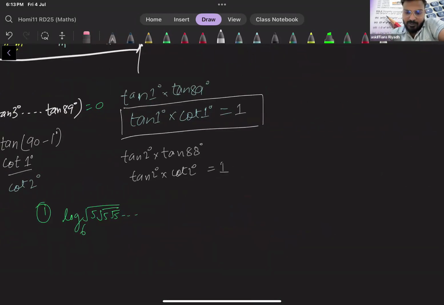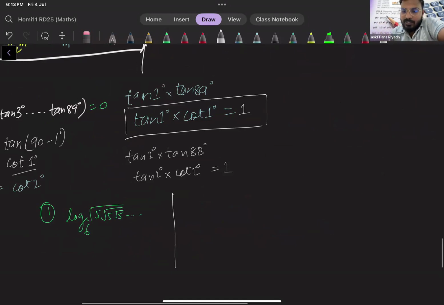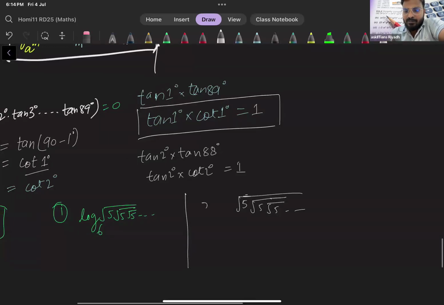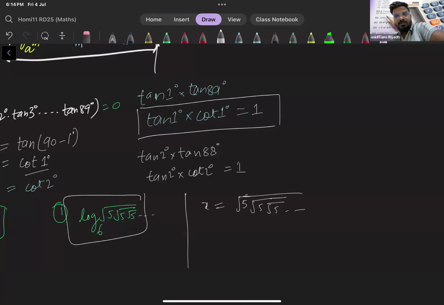Before solving this question, first try to simplify the argument. The argument is root 5 into root 5, inside root 5, and so on. So let's say it is equal to x. First, we are not simplifying this question right now. We are simplifying the argument of this log. So x equals this whole thing.